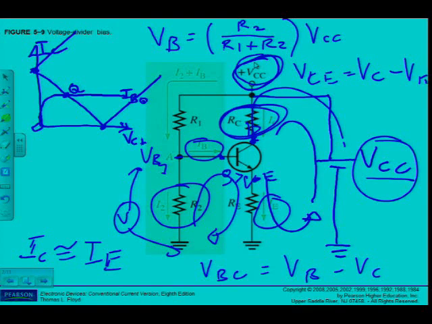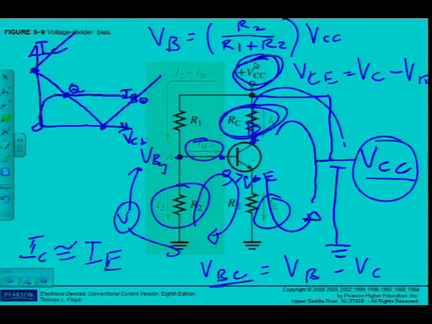That's why I get the base collector junction to be reverse biased. So the answer to VBC is going to be negative to indicate that it is reverse biased. If I change it around and I ask you to calculate VCB, we read from left to right, then it will be VC minus VB, which is going to give me a positive voltage. So just keep that in mind as well.